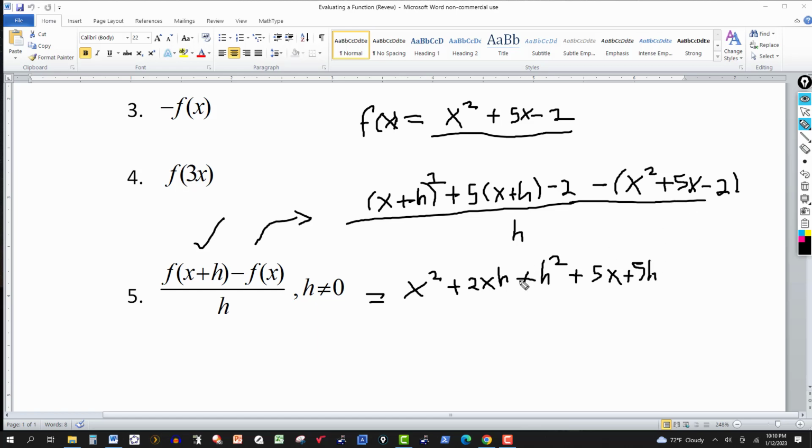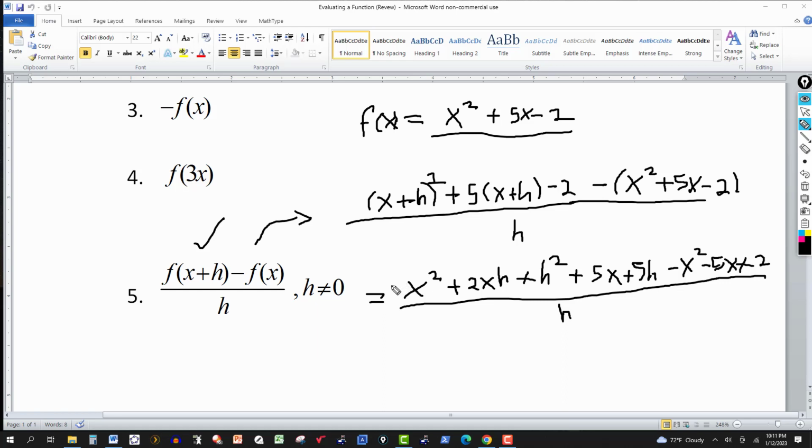And then on the next one, this is minus, and let me just do it this way. I'll take the parentheses off because it's going to multiply everything in there by minus 1. So this will give me a minus x squared, distributing the negative. That's all I'm doing. Minus 5x, and then a minus and a minus here for the minus 2 makes it a plus 2. And that's over h.